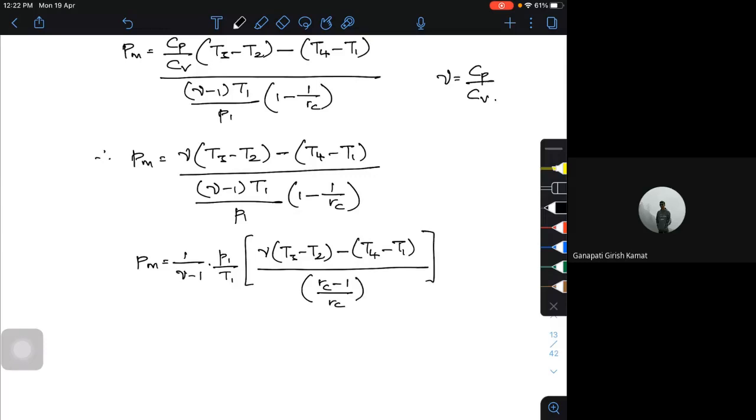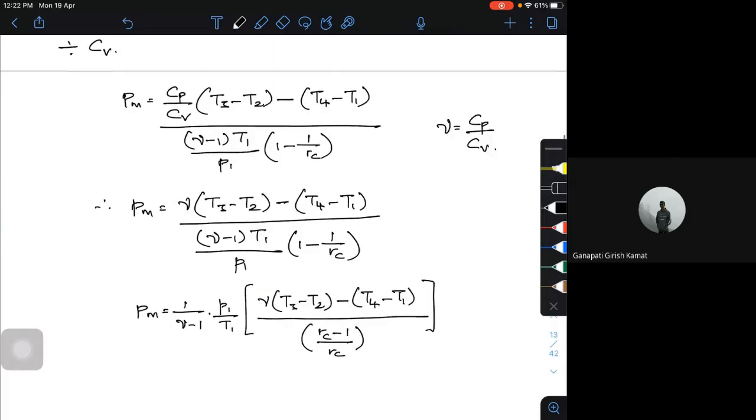So I can call this expression number 5. This is the expression for your mean effective pressure.